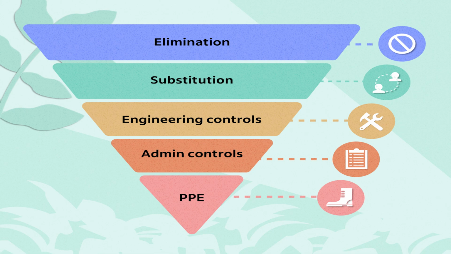Number 3, engineering controls. Design barriers or controls to isolate hazards. Number 4, administrative controls. Establish safe work practices and ensure training of employees. And number 5, PPE. Use appropriate protective equipment as the last line of defense.